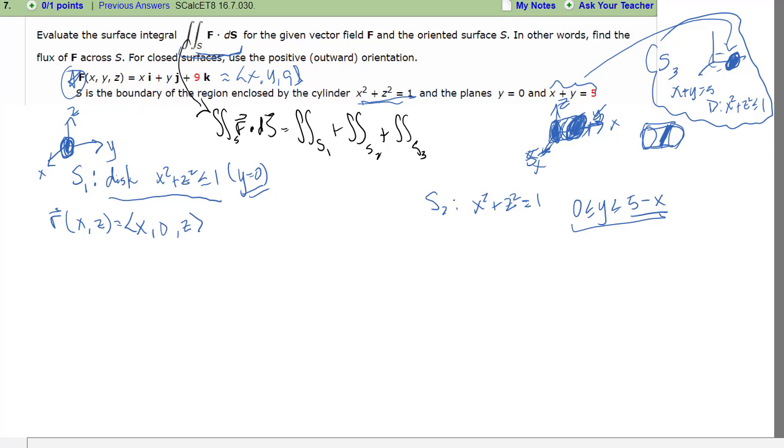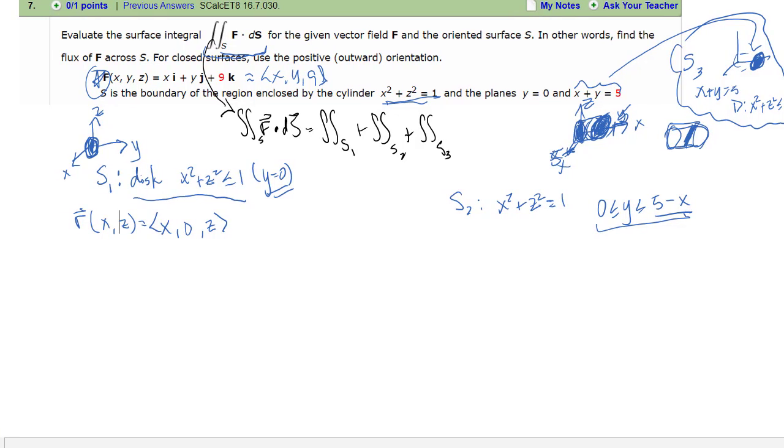The fact that this is coming from a plane that is one of the coordinate planes, the xz plane to be exact, we can take advantage of another way to express our flux integral. And another way to express our flux integral is with a normal vector n. So let's first find our normal vector n, and the unit normal is going to be pointing in the negative y direction.